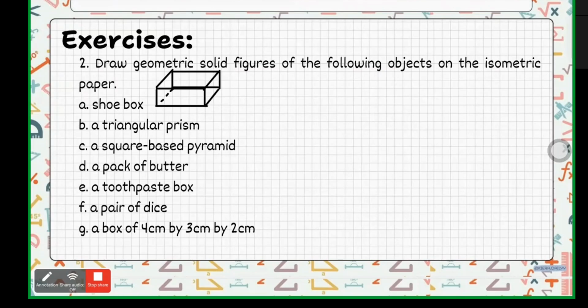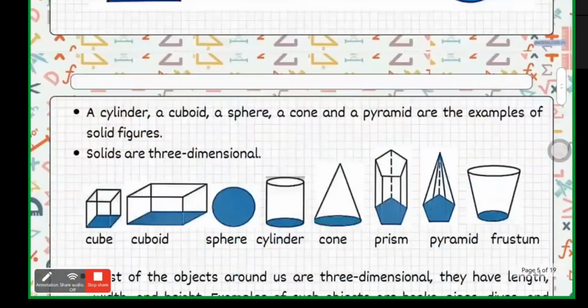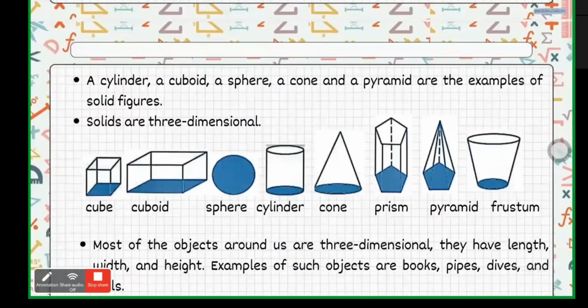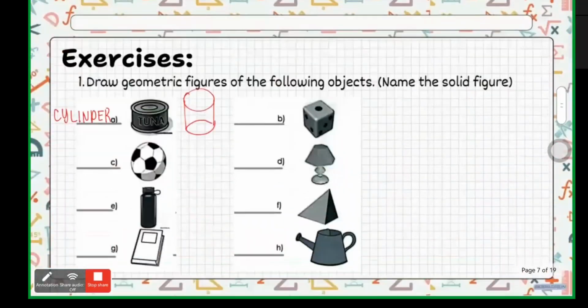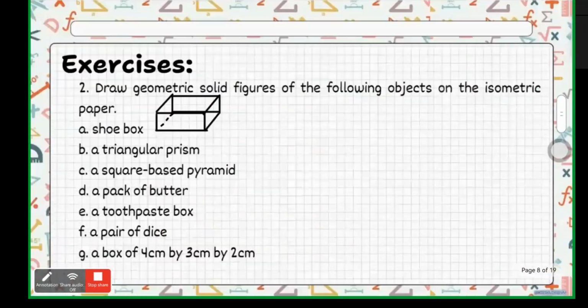There are many ways that you can draw a shoebox. Just compare it with the geometric or solid figures on the top, and it will be much easier for you to do, also if you do it on grid paper or isometric paper.